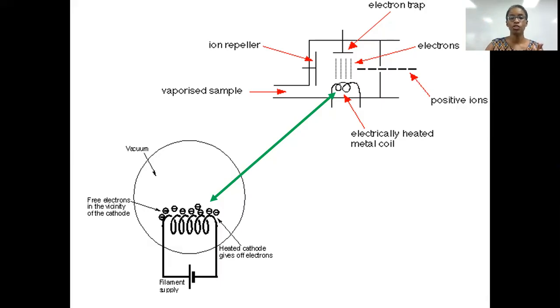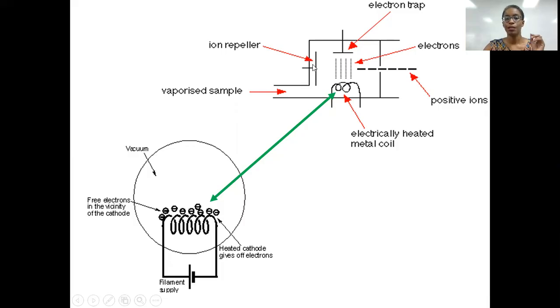And that positively charged ion is going to find its way through this beam here, as we're seeing positive ions on the right side here, and it's going to find itself passing through this beam. Now on the left side, we're seeing an ion repeller.